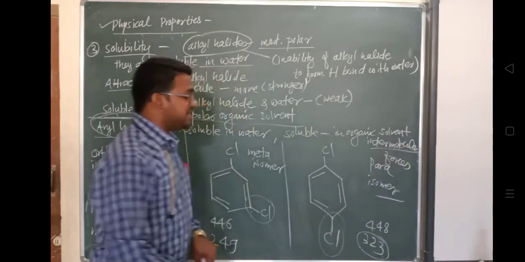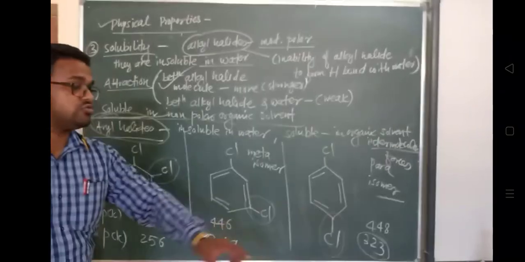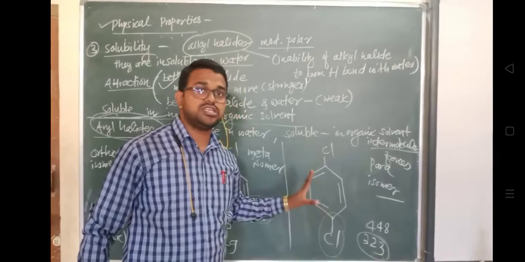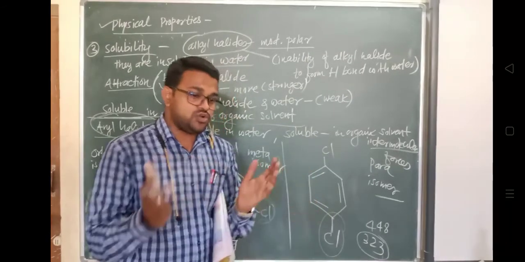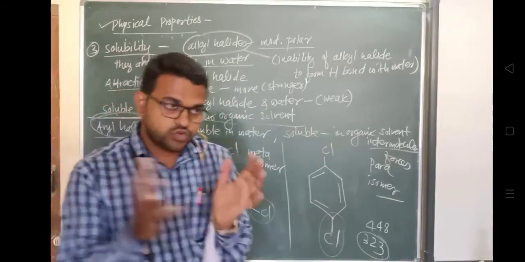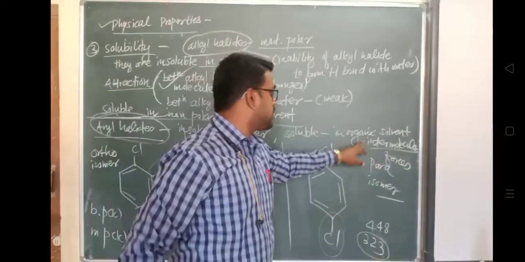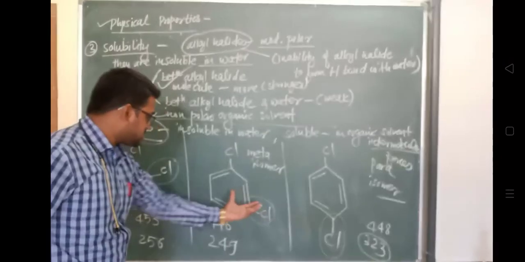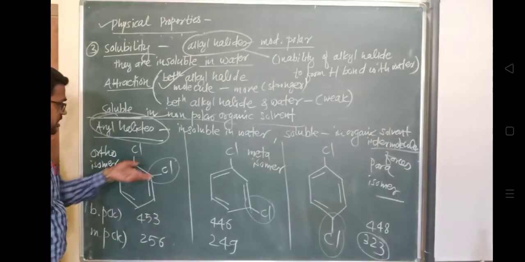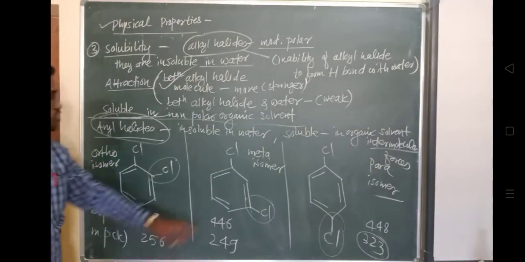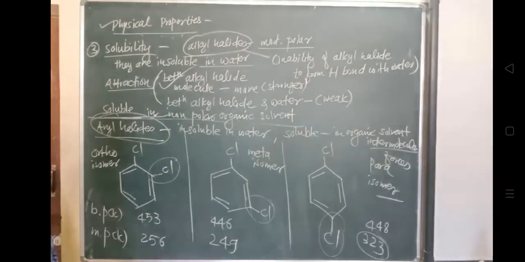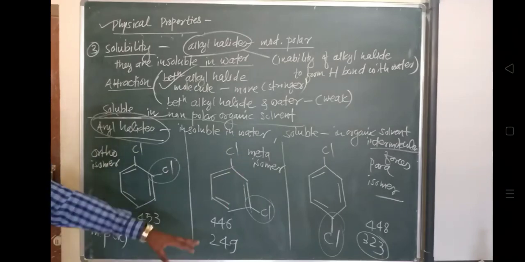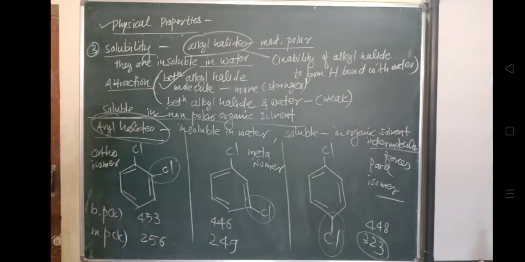If we compare intermolecular forces in all these three isomers, they are very strong in case of this para isomer because of this close packing. उसमें जो पैकिंग होगा वो क्लोजली पैक हो जाएगा, and due to that close packing their intermolecular forces are very strong as compared with the meta and ortho isomers. So this para isomer of this aryl halide will have a higher melting point. आप देख सकते हो उसमें सबसे ज्यादा उसका melting point है.